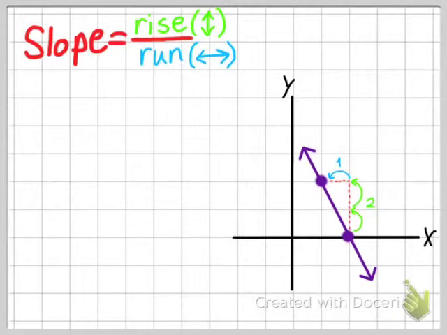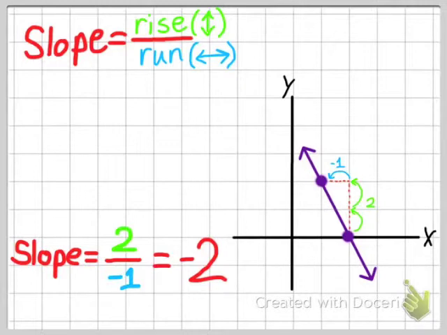So this is where we get the rise over run. We take our 2, put it over top, and then we go left 1. Because we go left, we write minus 1. So the slope of this line is going to be negative 2.